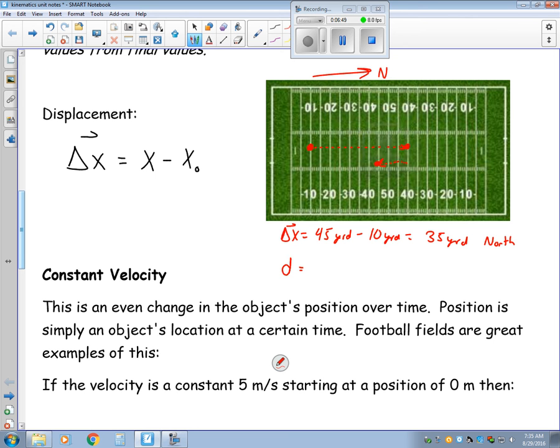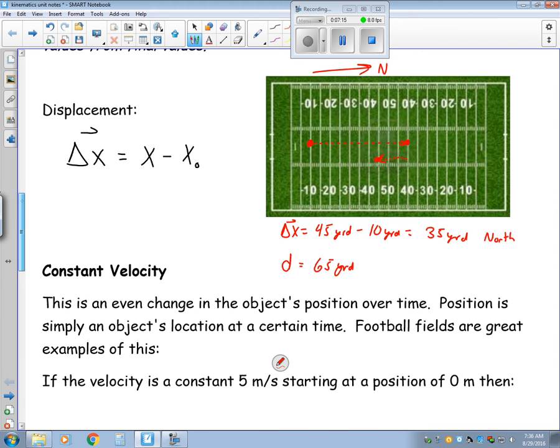So going from 10 to 40, it's 10, 20, 30, 40, 50, 60, 65 yards. And distance is a scalar, so you don't have to give direction with that. So that is distance versus displacement. And it's not too bad.